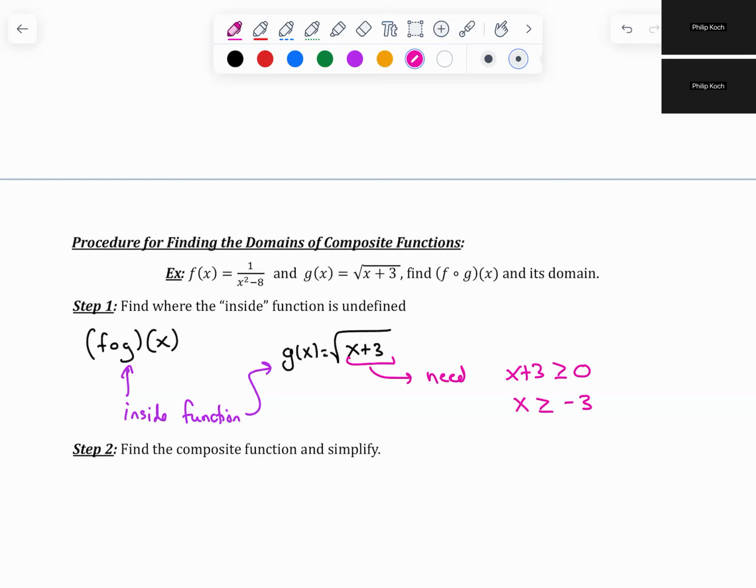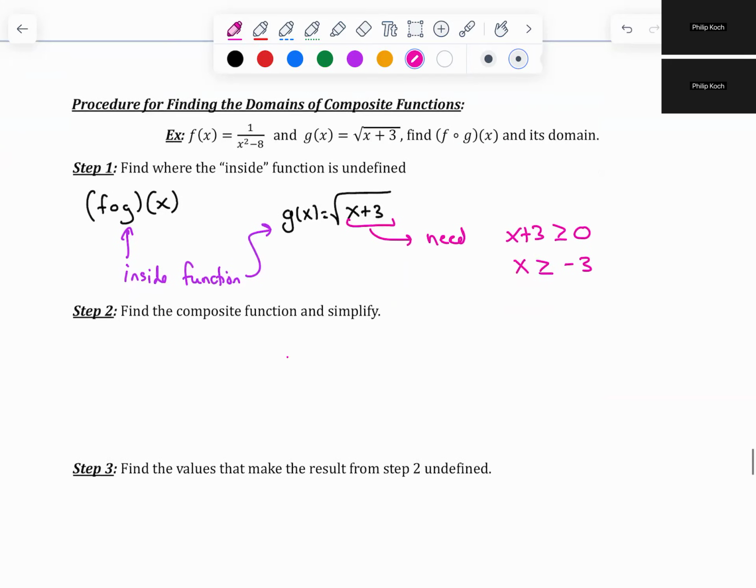And so the reason why we have to do this is, I'll let you write it down. The reason we have to do this step is because of how it's defined.